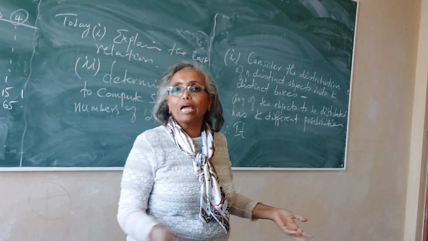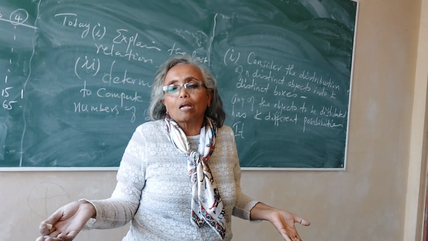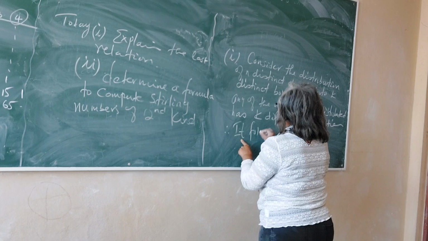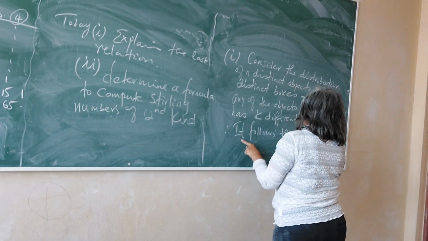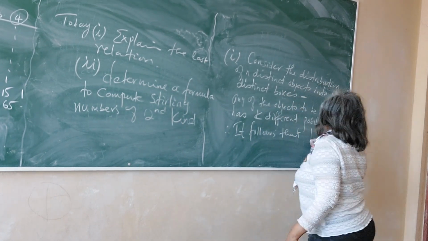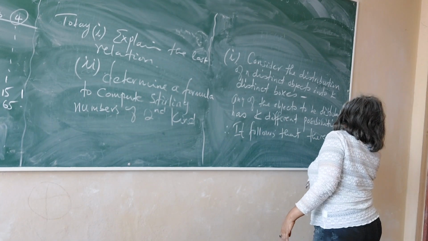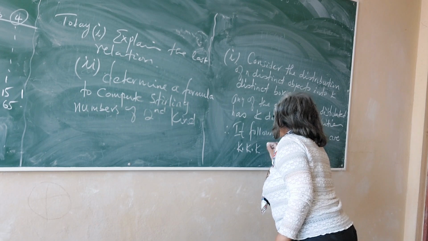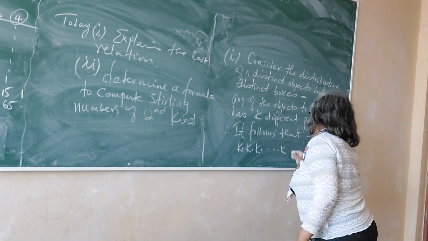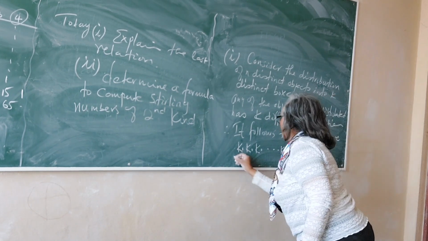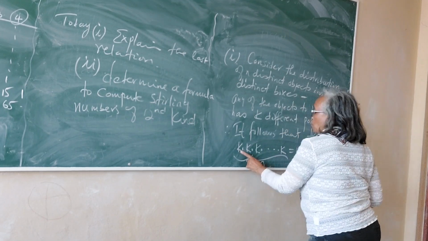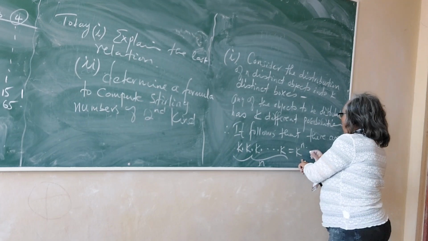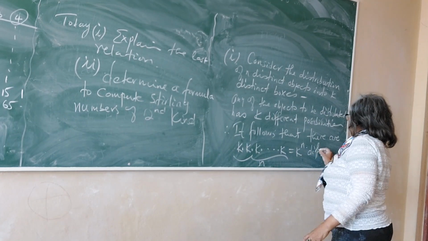They can take all the n objects and they can remain empty as well. Therefore, by the multiplication principle, there are k times k times k times k, which is k to the power of n, because I will do it once for every object of the n, therefore k to the power of n different ways.